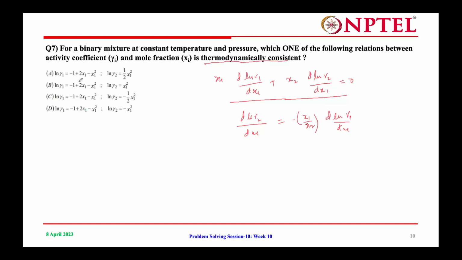In all the options ln gamma 1 is the same, so you need to find the expression for ln gamma 2 using this equation. This is equation 1.